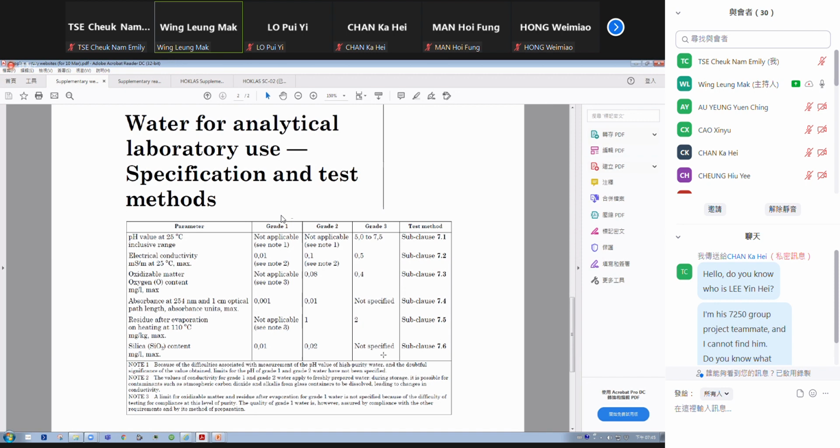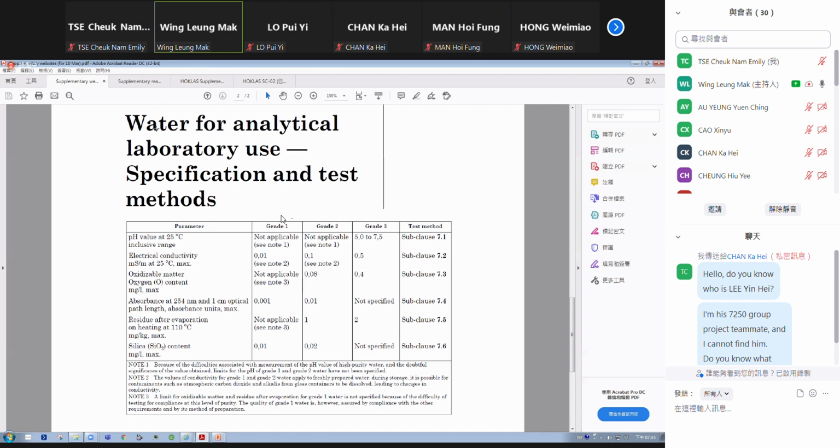If it is grade 3, you need to do a number of tests to show the assessor, the auditor, that you are using grade 3. For the higher grades, a more stringent report is needed; the data should be given after you analyze the water.